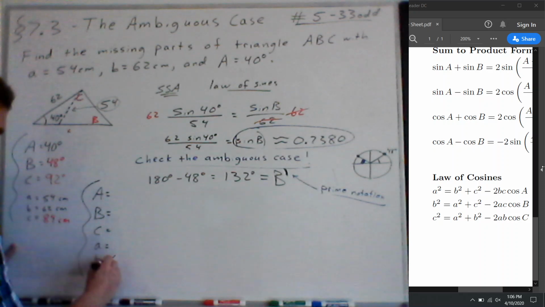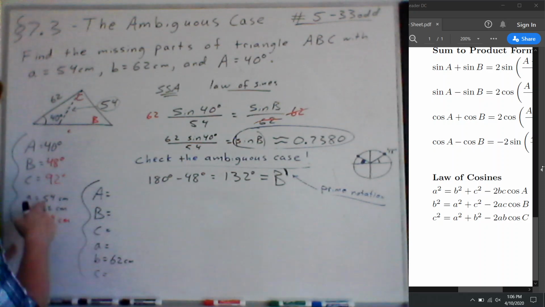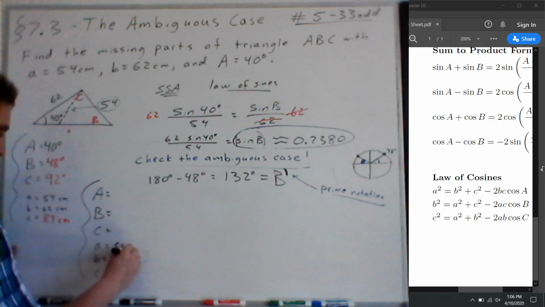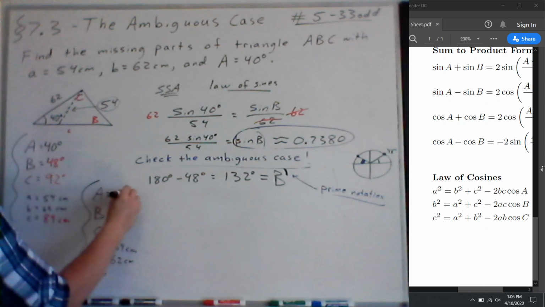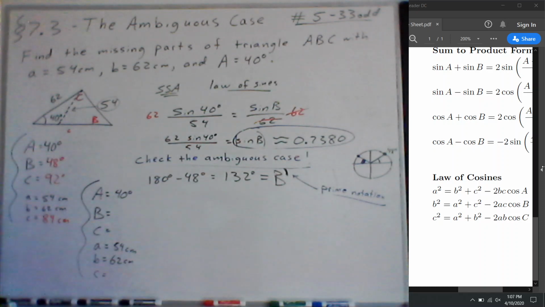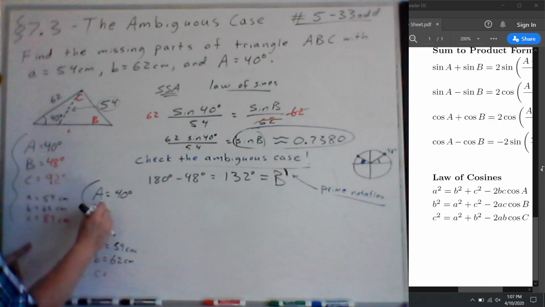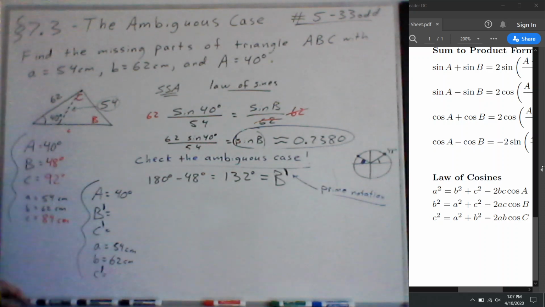Little b is still 62 centimeters, little a is still 54 centimeters, right? That fits. Capital A is still 40 degrees, that always was the case. But now we have what's known as B prime, C prime, little c prime.